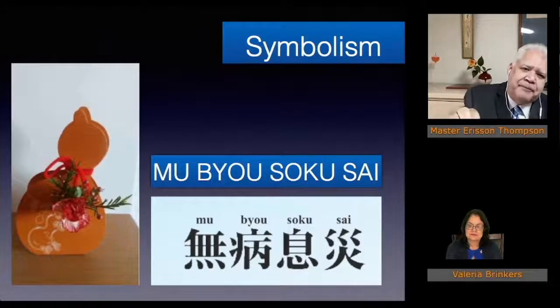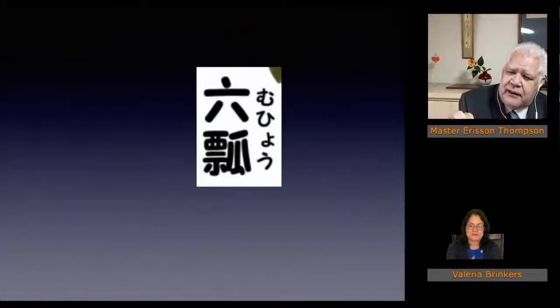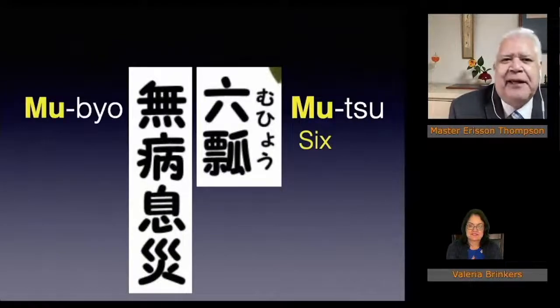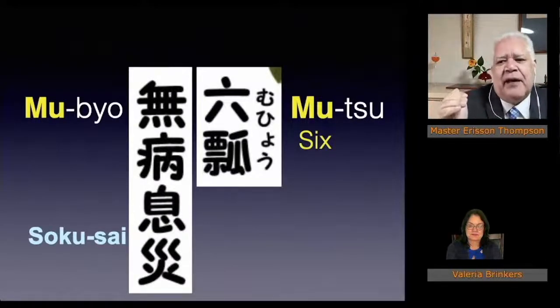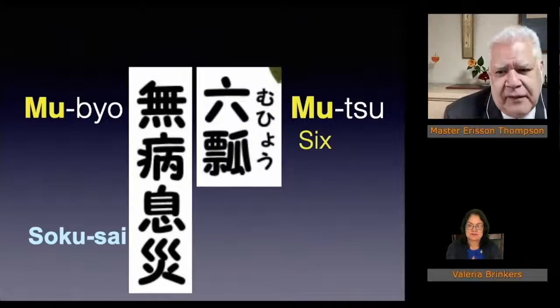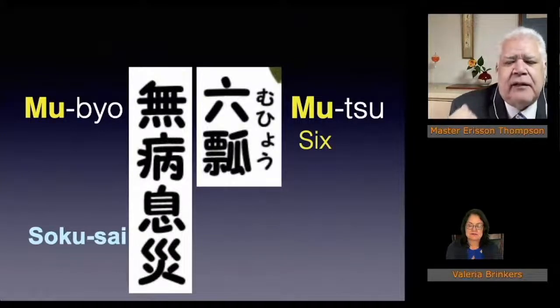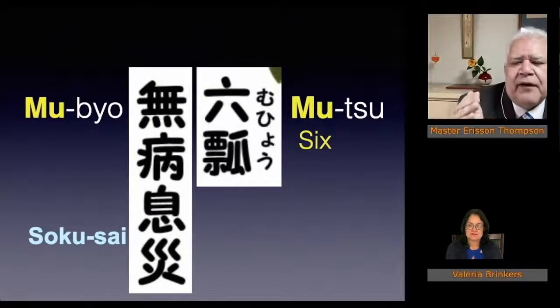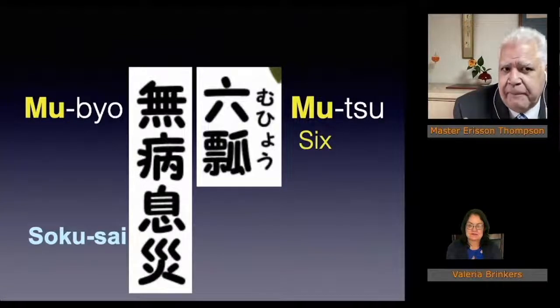The right side is the word 6. The left side is the word disease. Mu byo means no illness, plus the mu is the same sound, so they changed the sound of the word 6, gourd, to no disease, no conflict.